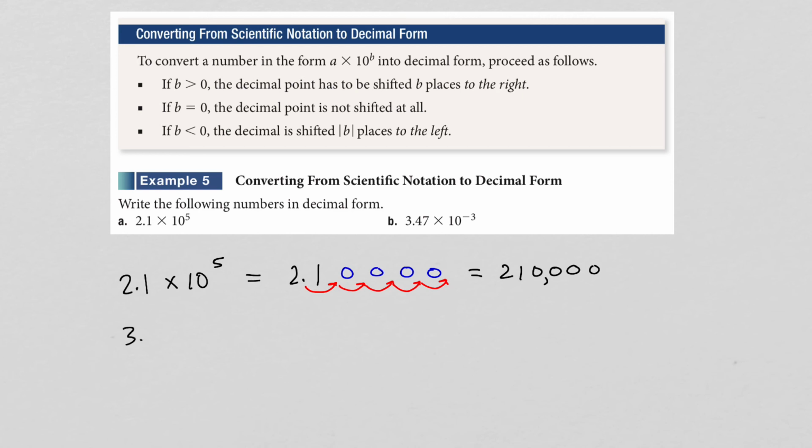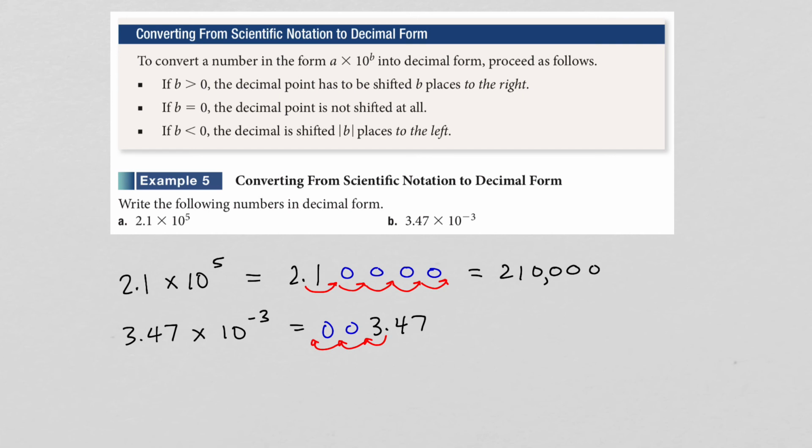In the second part, we have 3.47 times 10 to the negative 3. Now, what this is telling you to do is take this decimal and move it 3 places to the left because it's a negative exponent. So if I take 3.47 and I move the decimal 1, 2, 3 places to the left, again, I have to fill this in with zeros.